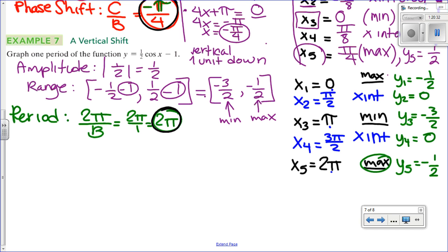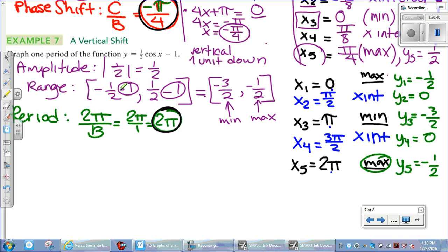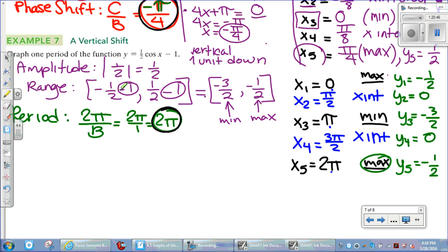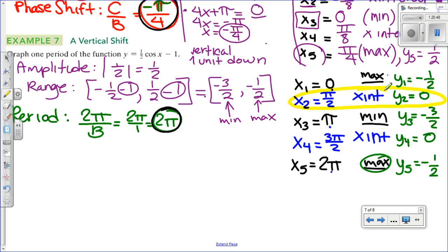So let's go ahead and graph them. And I'm sorry, actually I did make a mistake. I caught it before we started graphing. And it's actually a big mistake. We cannot refer to those points as x-intercepts because the points are not going to be located on the x-axis. Why?